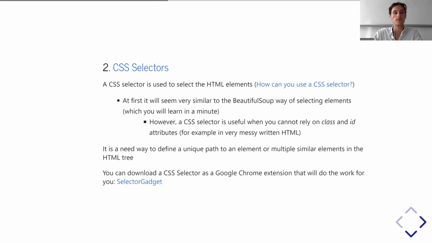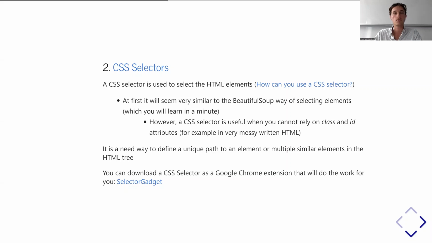The second way of navigating the HTML tree is CSS selectors. A CSS selector is used to select the HTML elements. It will seem very similar to what we will use Beautiful Soup for, but a CSS selector can be used when we cannot rely on class or ID attributes, for example, if we are dealing with a very messy HTML.